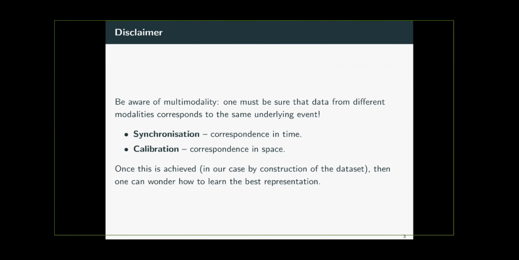But before doing that, I would like to add a quick disclaimer here. I named this "Be aware of multimodality." There are two things that we are not worrying about here: synchronization and calibration. We basically assume that the audio and visual signals that we have are synchronized, which means they correspond in time, and that they are calibrated.